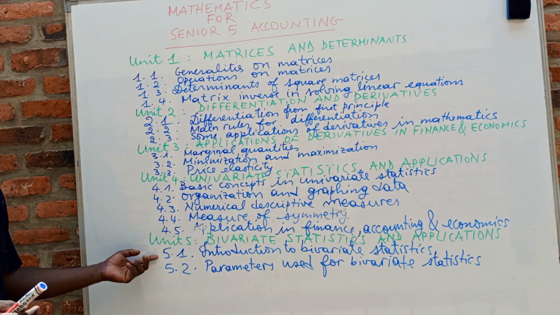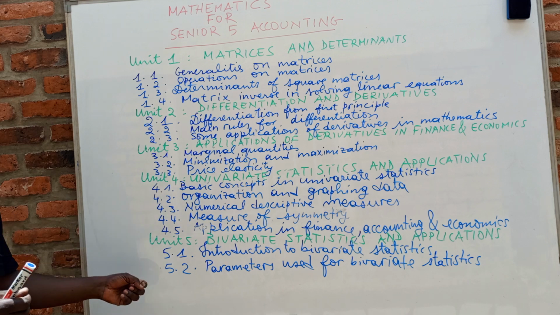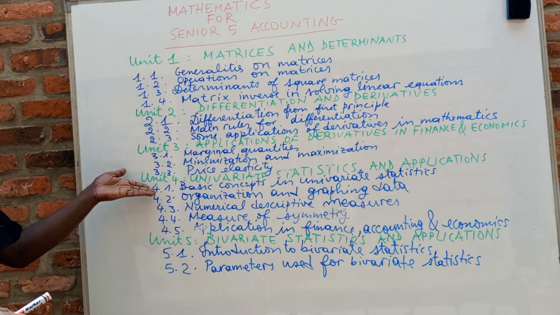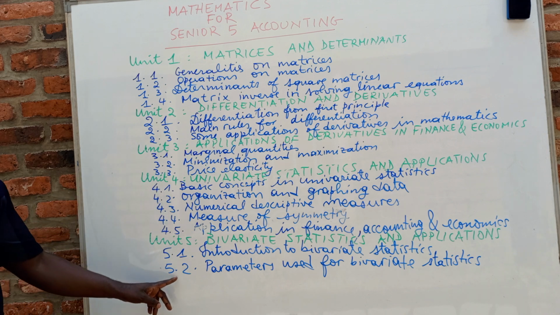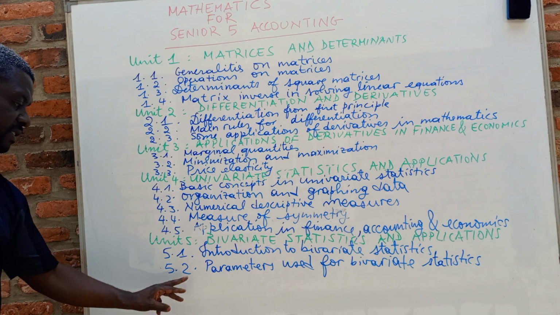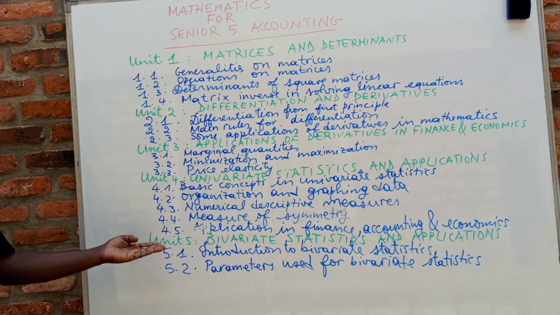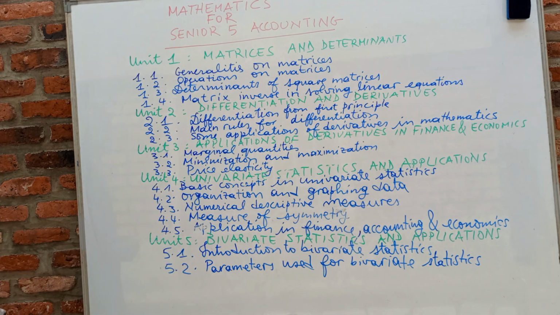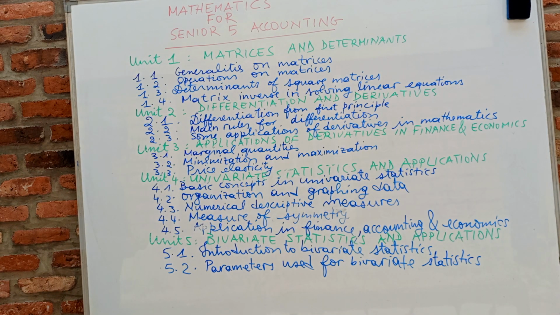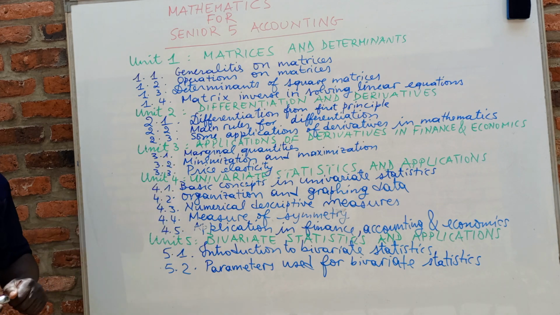We will see some parameters which cannot be used for univariate statistics. That is what we are going to focus on in subunit 2 of this fifth unit, parameters used for bivariate statistics, in addition to parameters used for univariate statistics.